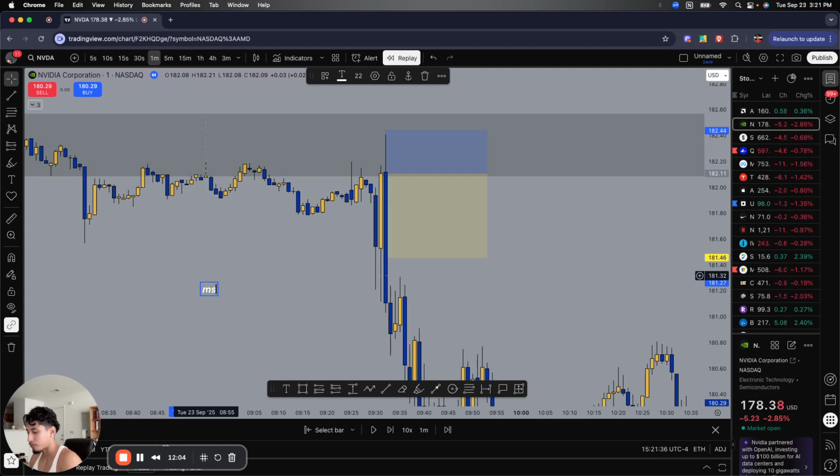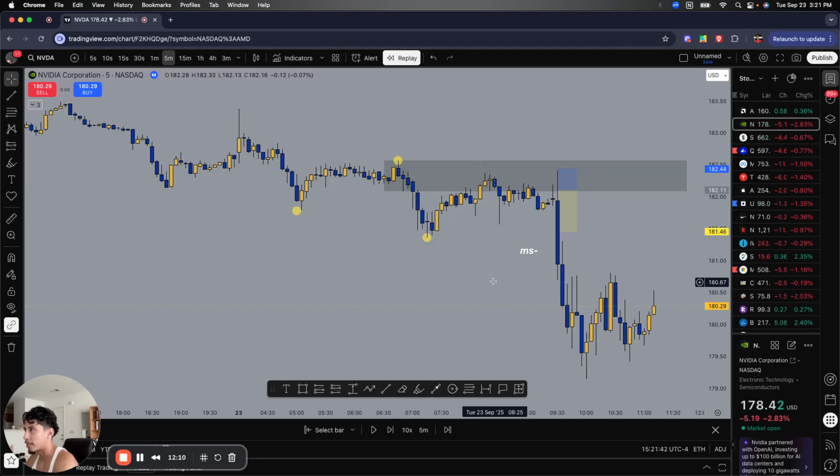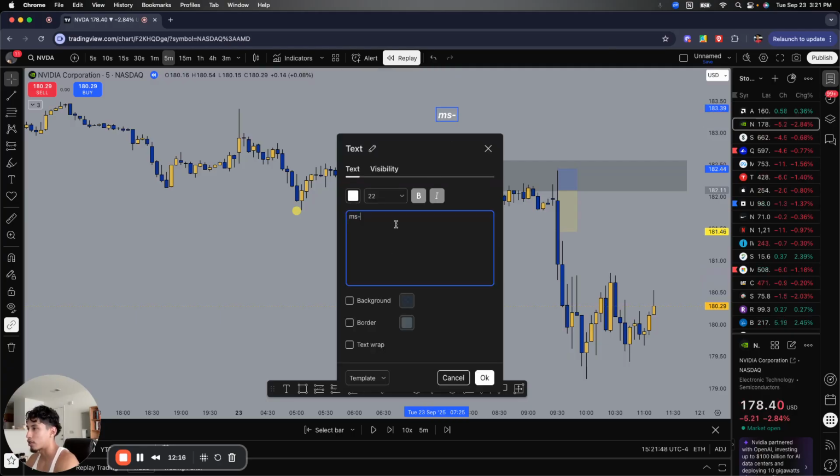Market structure is bearish, like I showed you guys on the higher time frame. And when it comes to identifying structure, I'm really only looking at the 5 and the 15 minute. But market structure is bearish at this point, right? So right when market opens, market structure is bearish. So we put bear. And then for the zone, it's a supply. So we put supply.